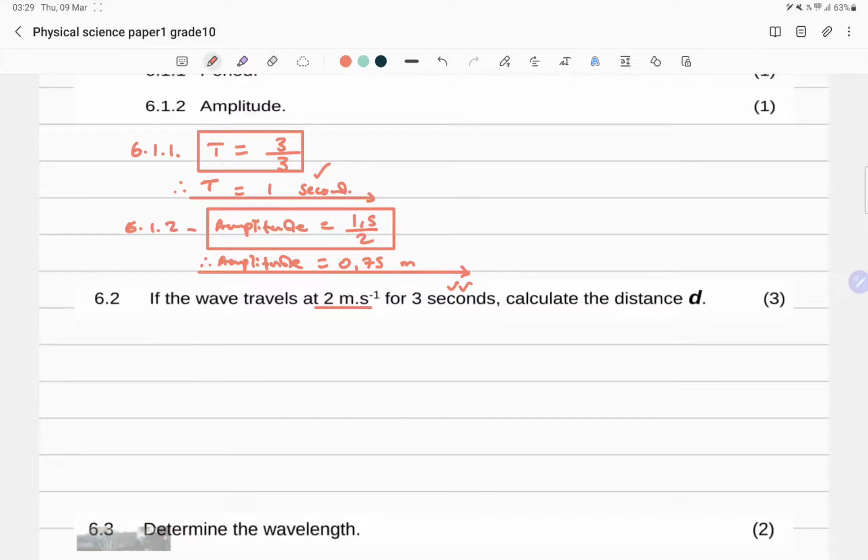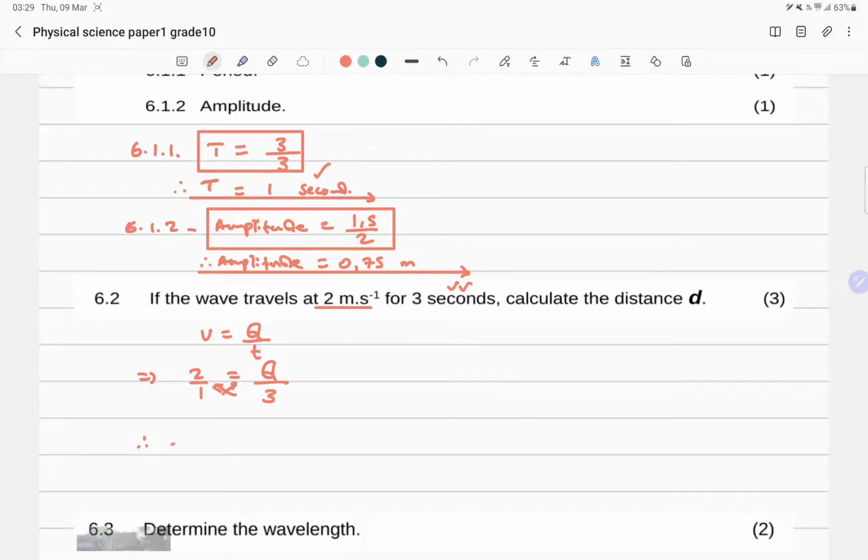We're going to use the general formula for velocity. So v is going to be equal to distance over time. Easy stuff. So v is 2, the distance is what we want, t is 3 seconds. You cross multiply there.